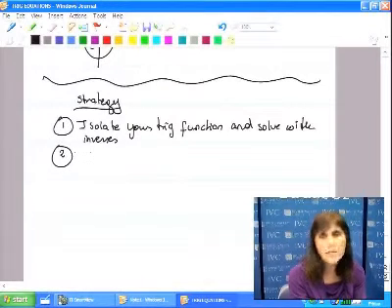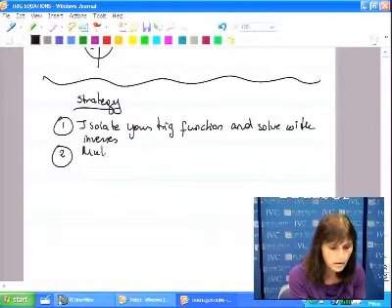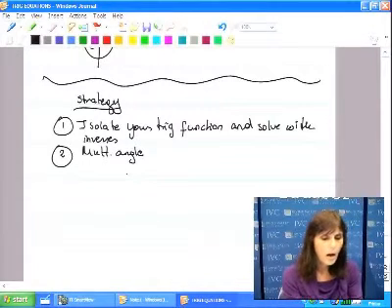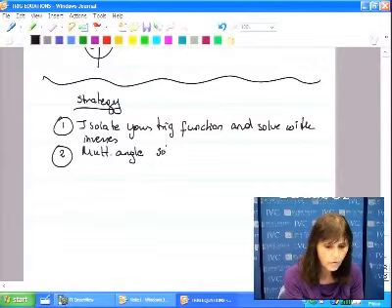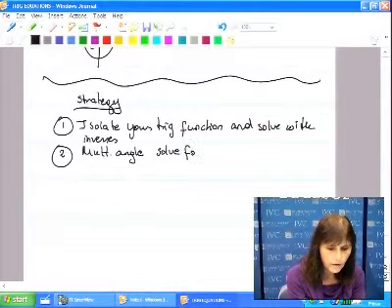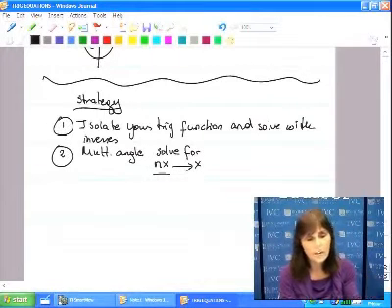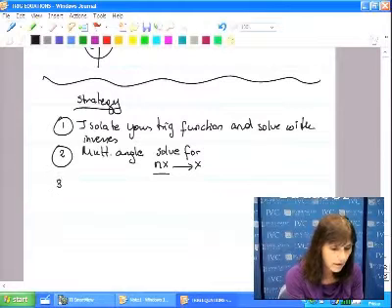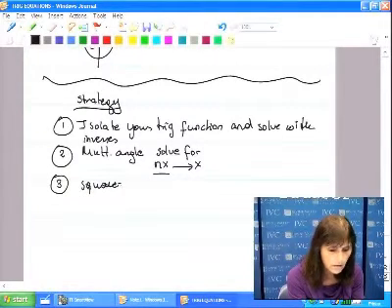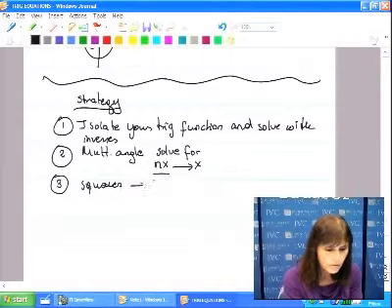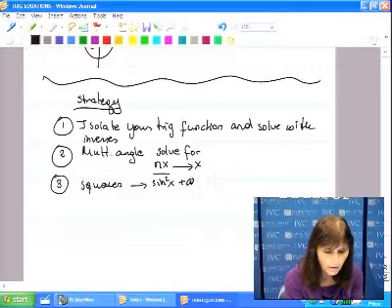If you have multiple angles, solve for, let's say, nx, and then go to x and make sure you stay within the interval. If you have squares, try to use sine square plus cosine square.